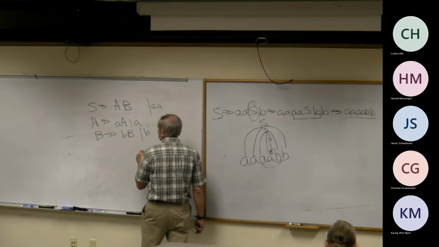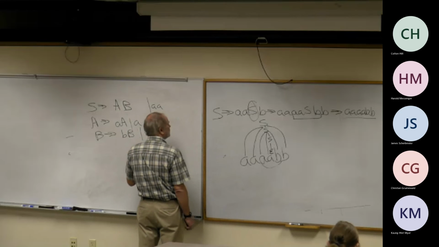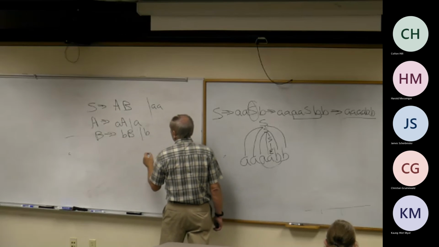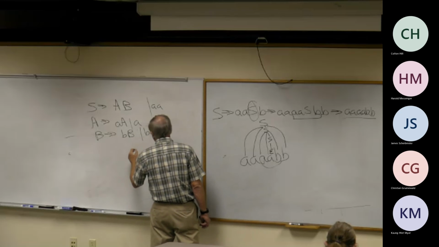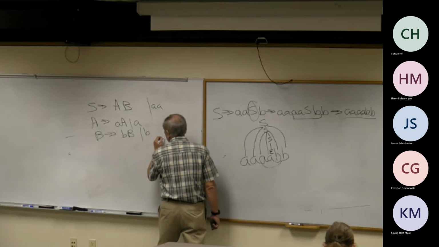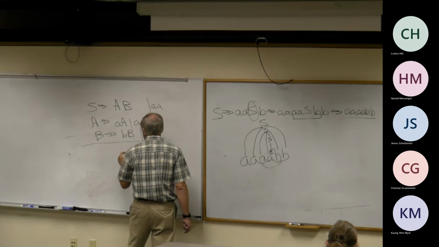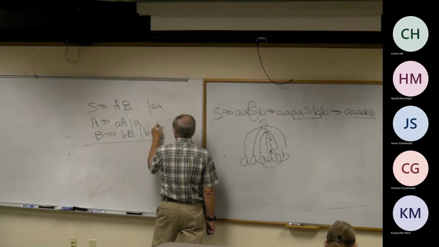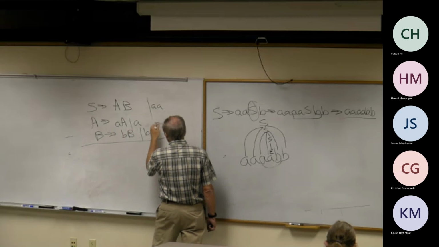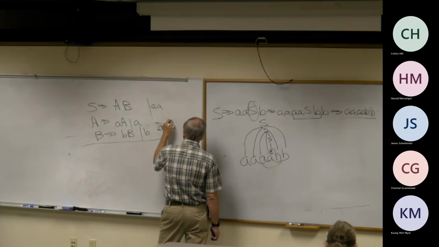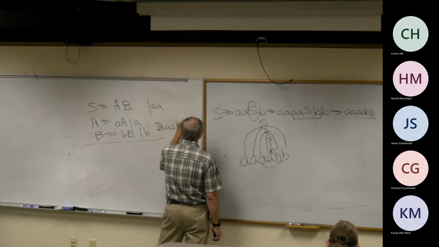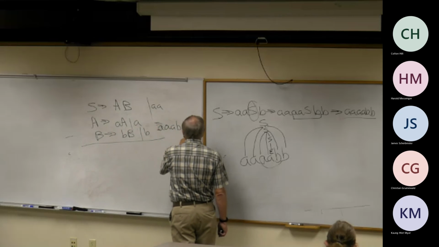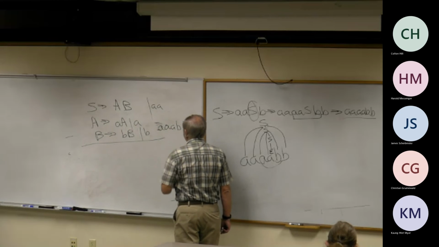So now we have more than one non-terminal, and we can either derive just, sure, we can make an equal number. Now it's making AAABB.